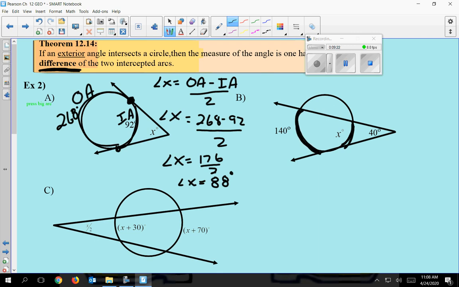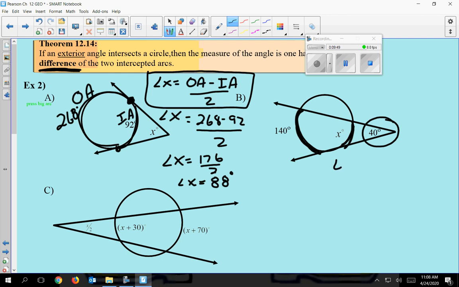But the angle's not encompassing the whole circle like in example A. So I'm taking what they give me, but they gave me the angle. Remember, this formula up here was to find the angle. Well, now they gave it to me, but I still want to use the formula. So let's go back to this and use that again, but now I've got different pieces.